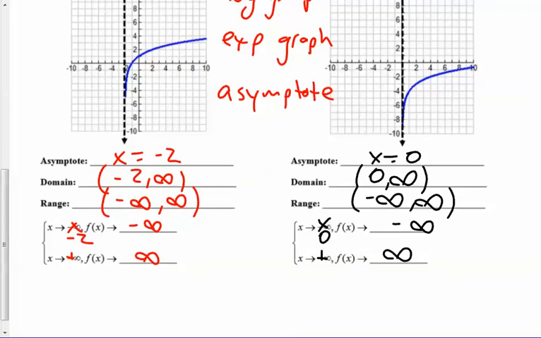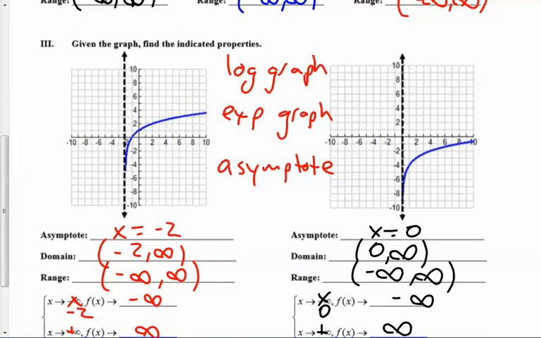All right, so pretty easy, right? Because the asymptote didn't move at all. Now, what I would hope that you could see is that the graph on the left was a horizontal shift, right? Because the asymptote moved. The graph on the right is a vertical shift.